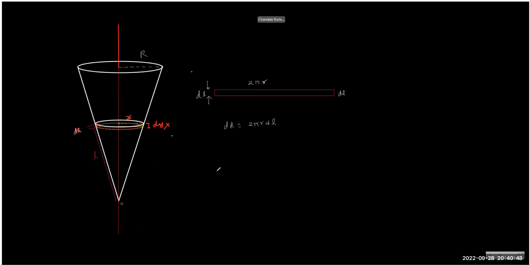Okay, so the area we can write. Then can we relate the small r in terms of small l? Assuming the capital L is given, the full length of the complete slant length is known to you. Suppose this is something which you know.